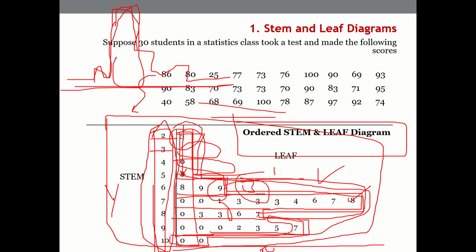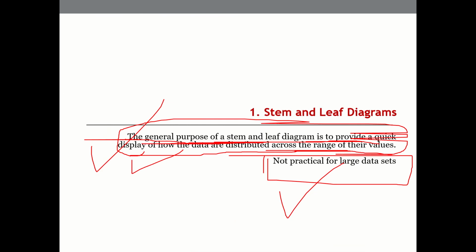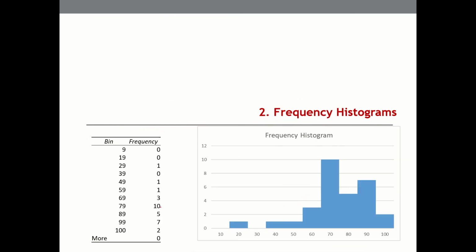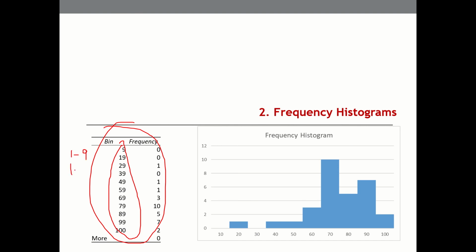In the 70s, 1, 2, 3, 4, 5, 6, 7, 8, 9, 10 data points are there. So that is summarized and put here. Here again, this question will come, like somebody was asking just now: how do you make sure that this is between 1 to 9 or 1 to 10?